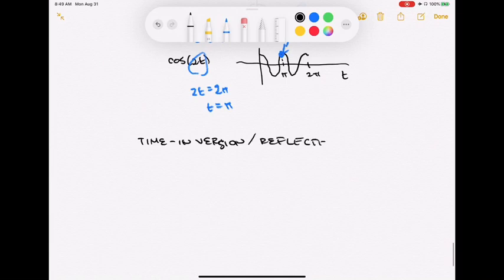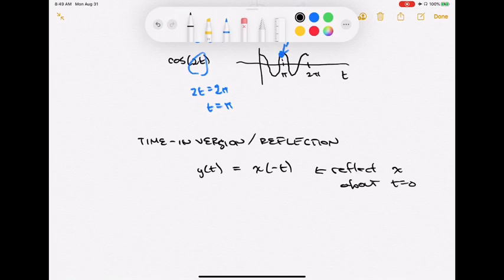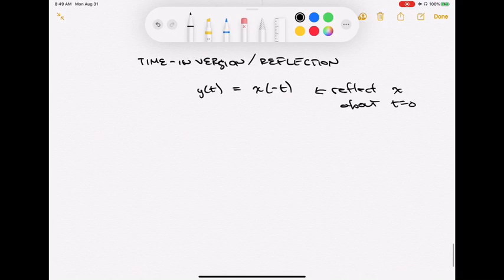If I say y of t equals x of minus t, I just reflect x. This whole thing means reflect x about the origin, about t equals 0. As an example, let's look at our old friend, the unit step.